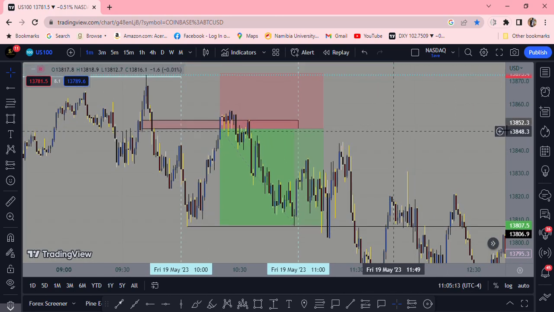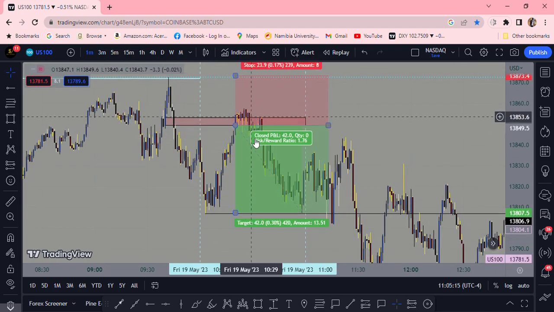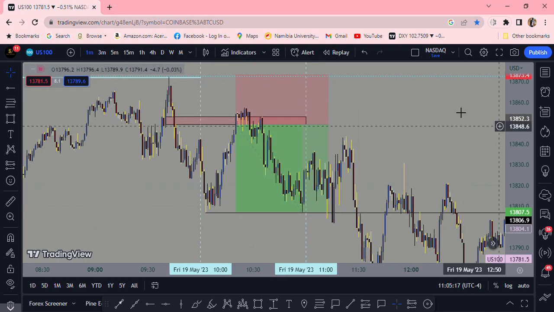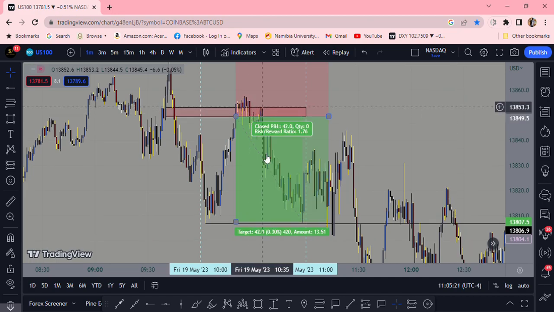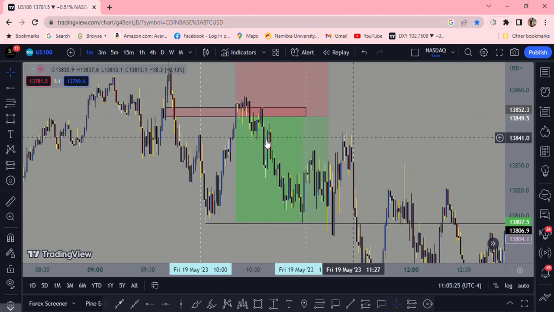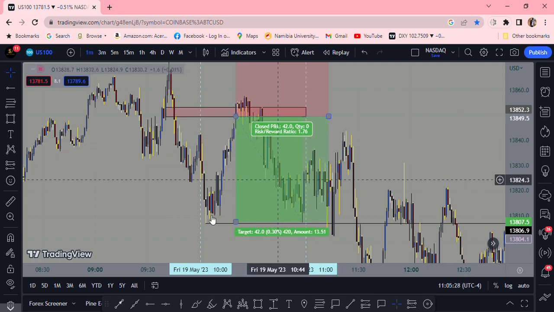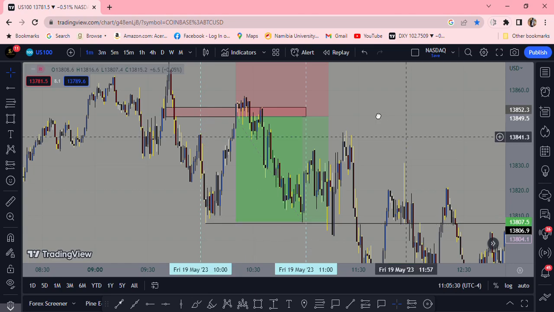So, guys, when I entered here, there was a gap here that I entered. Imbalance again, 50%, entered here with just targeting this low.